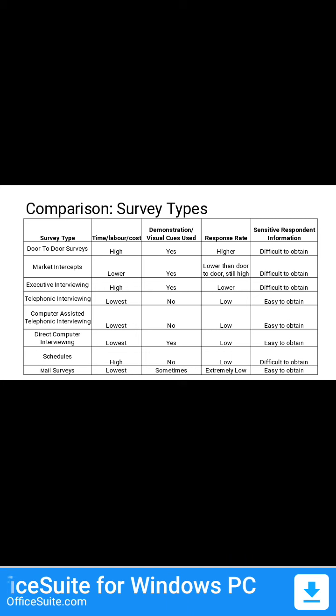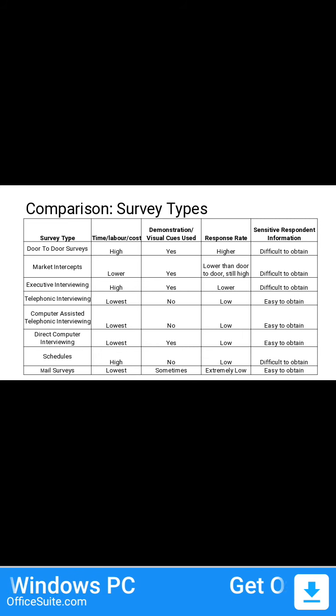Now there's just one thing which you'll have to keep in mind as far as response rates are concerned. Executive interviewing: when you interview the executives, it's actually a face to face kind of situation, but here the response rates are likely to be lower. Why is that the case?